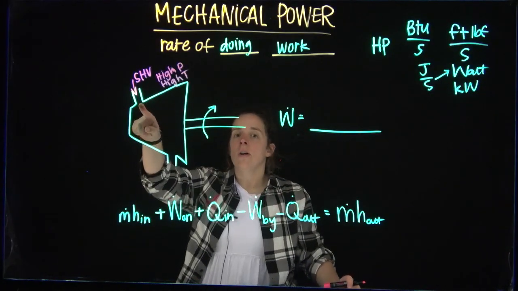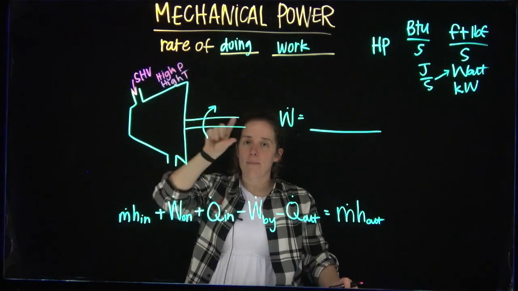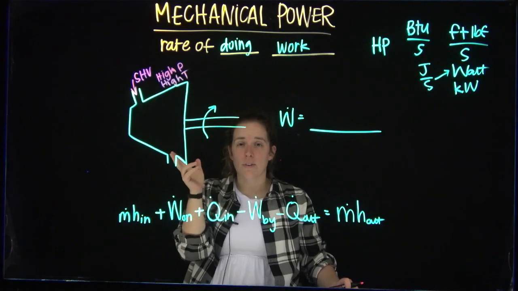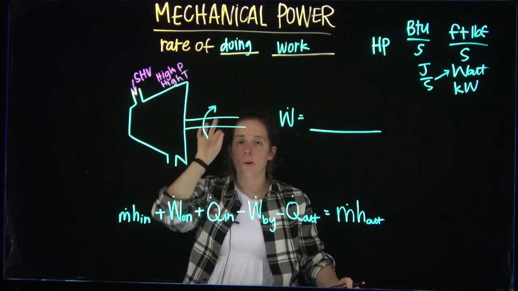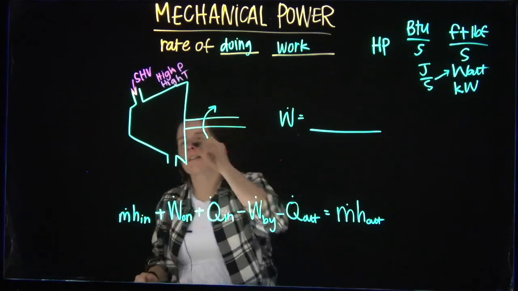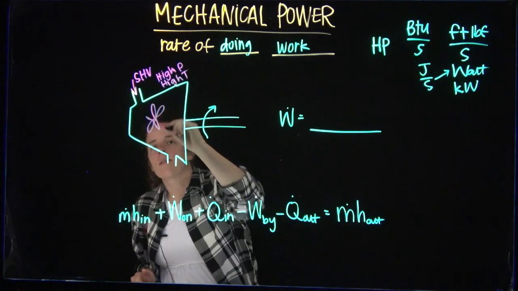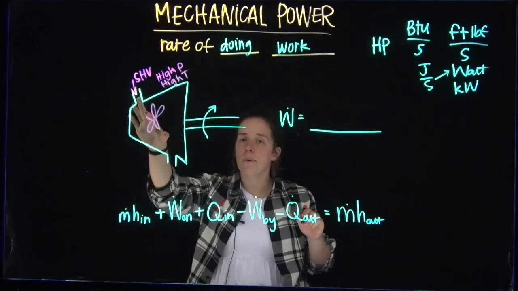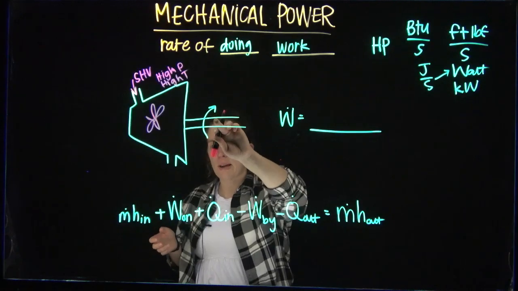What happens in a turbine is it's going to go through a nozzle, which, going back to fluid mechanics, if you put something through a nozzle, you're going from a bigger diameter to a smaller diameter, it's going to make it go faster. So this high pressure, high temperature steam is going through a nozzle, going really fast. I'm going to draw it as blades here. It kind of looks like a flower, but it is hitting blades that are making this shaft spin.